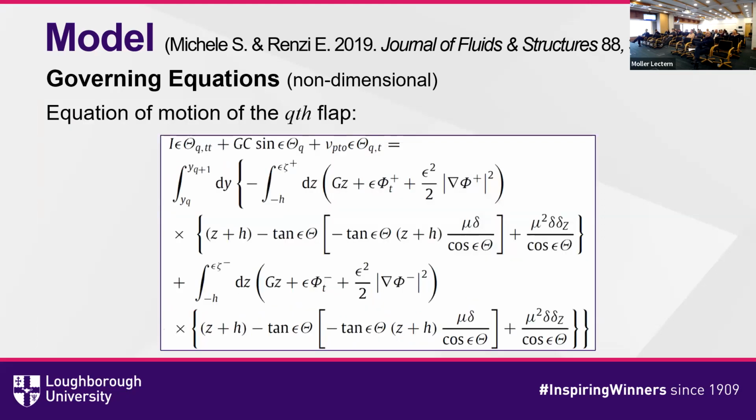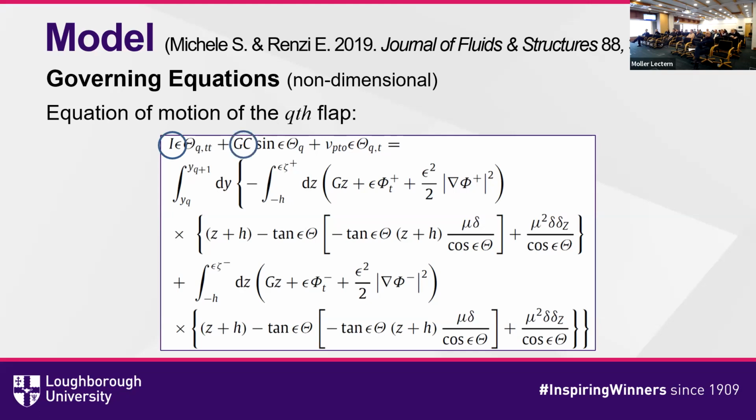And of course, we have the equation of motion of the qth flap. Each flap is independent of the others, and its motion is governed by this equation. So we have one such equation for each flap, and this is essentially Newton's law. This is the moment of inertia, the term given by the angular acceleration.